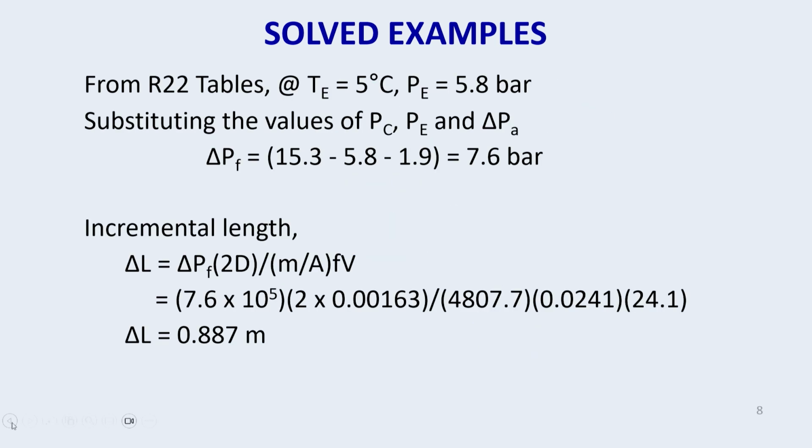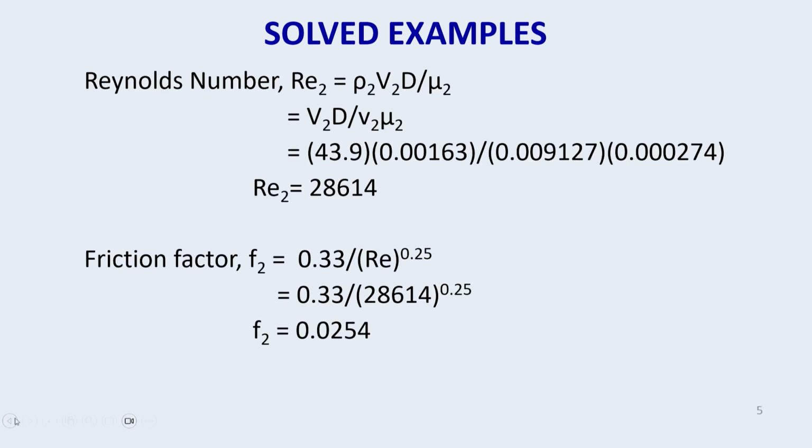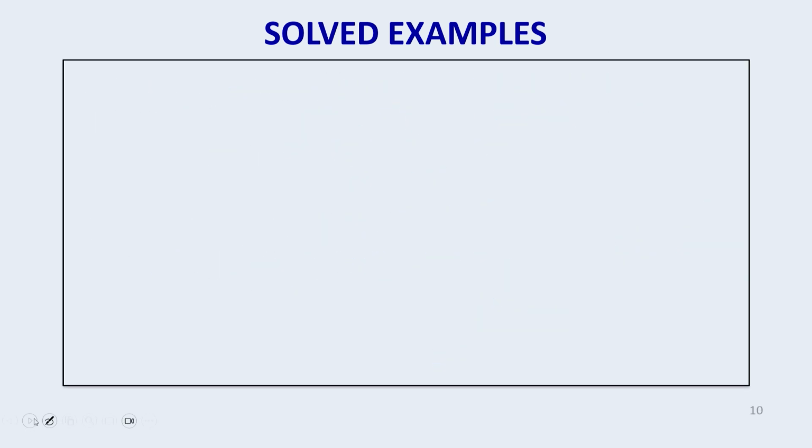So once we find the velocity, we can find the Reynolds number after throttling. So that's what I am going to find. Reynolds number Re2 after throttling.